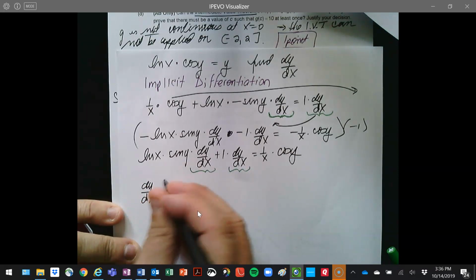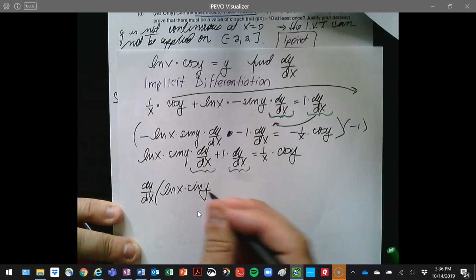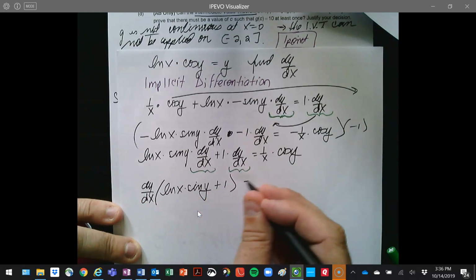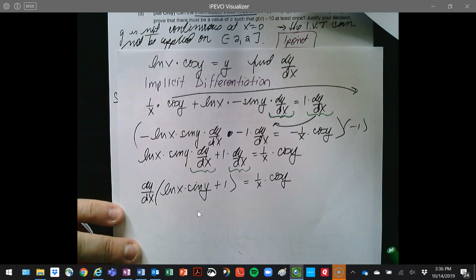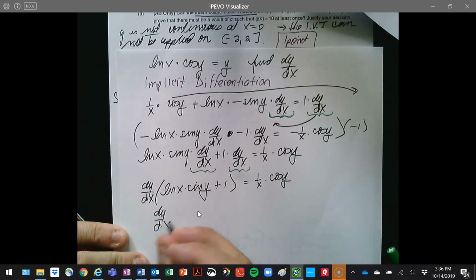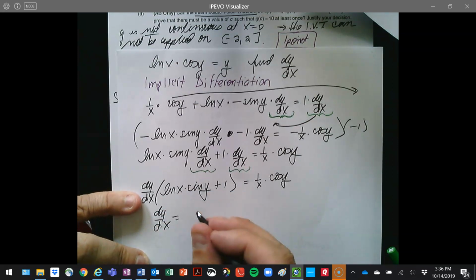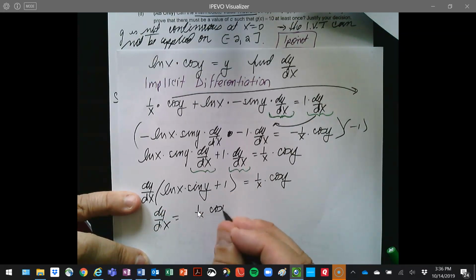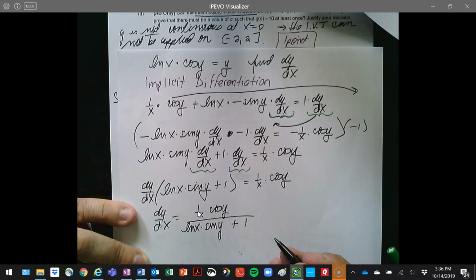I'm going to factor out the dy/dx to get the natural log of x times sine of y plus 1 equals 1 over x times the cosine of y. To get dy/dx by itself, it's just a division move. I'm going to divide both sides by this whole expression. So I'll have 1 over x cosine of y divided by natural log of x sine of y plus 1.